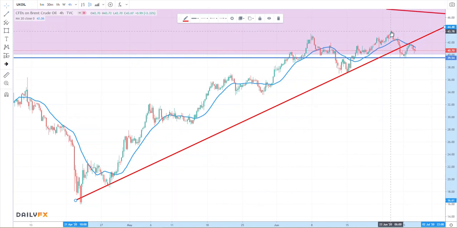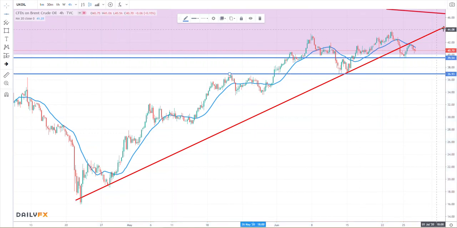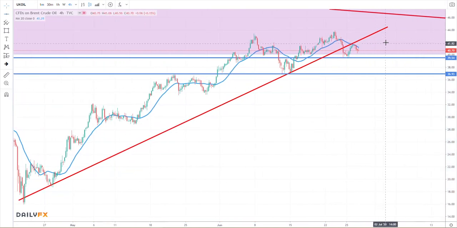First high, second high, couldn't make a new high, and then now broke here. Now we haven't had a new low yet. But the first thing that needs to happen is if we see a low below $37 a barrel, then we'll have a lower low, and that's when we'll confirm the beginning of a downtrend.